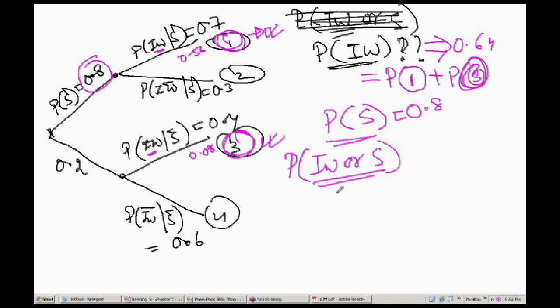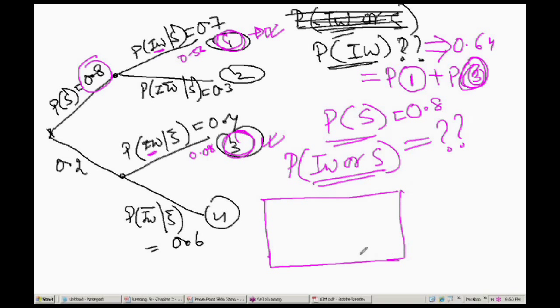Now I ask the question, what is the probability that India will win or Sachin will play? If you think from the Venn diagram perspective, the probability that Sachin will play is represented by this circle, and this is the universal set.